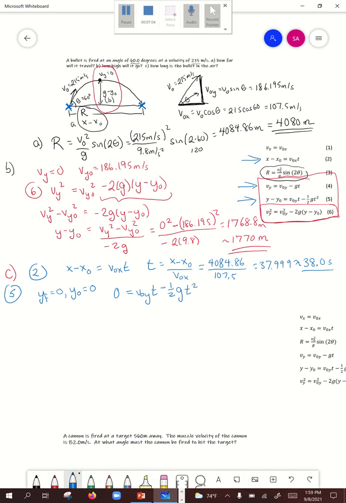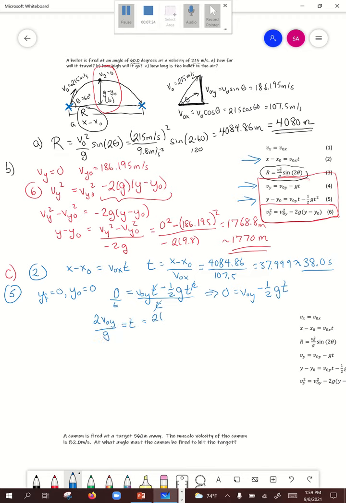And this looks like I have to solve a quadratic equation. But because it's equal to 0, I can divide both sides through by t, and the t's cancel out, and I'm left with 0 is equal to v0y minus 1/2 gt. Then plugging my numbers in, 2 times v0y over g is equal to t.